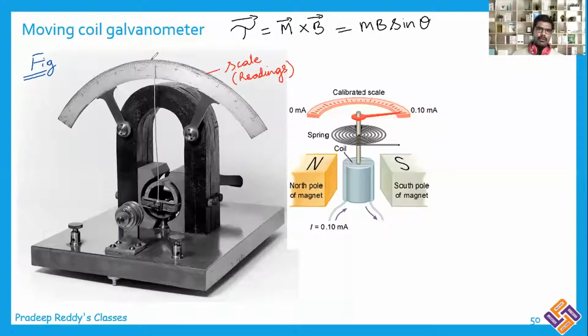From 0, there is a left side with a few readings. Let me consider this angle as minus alpha and this angle as plus alpha. You can take the readings as 10, 20, 30, 40, 50, 60, 70, 80, 100. On the right side there are 100 readings, and on the left side there are 100 readings. Null deflection means the pointer is exactly at 0. This is the pointer.